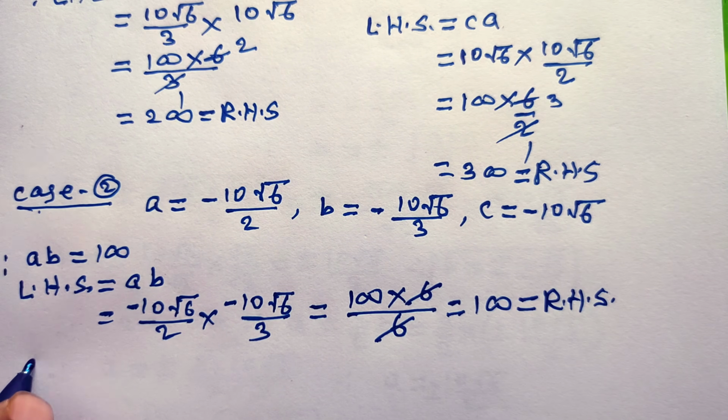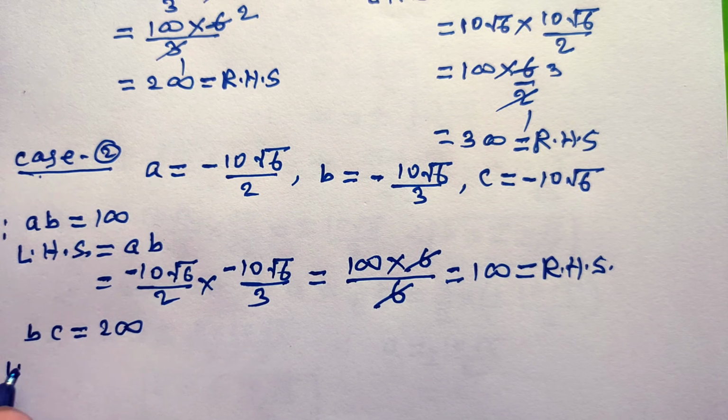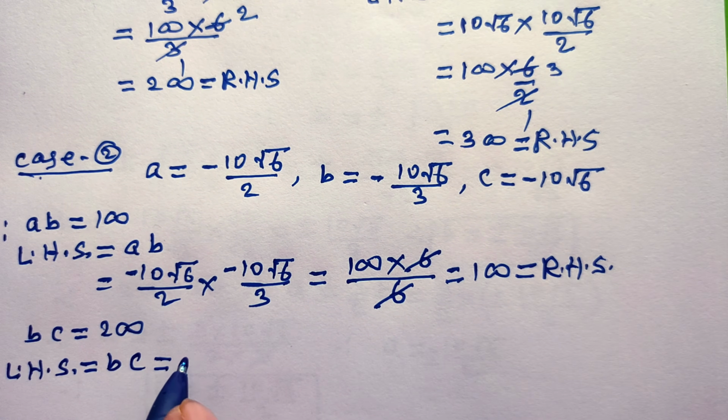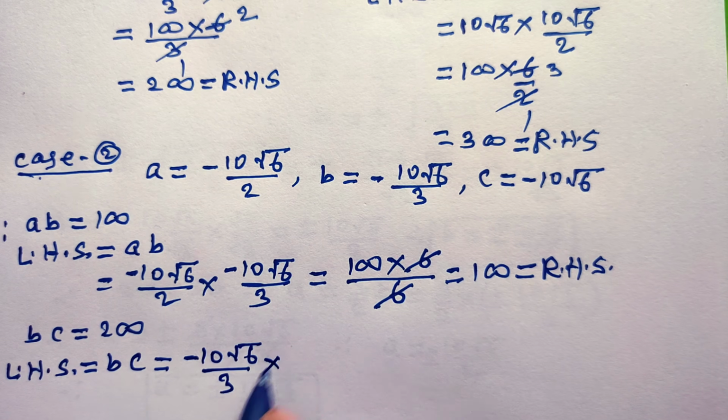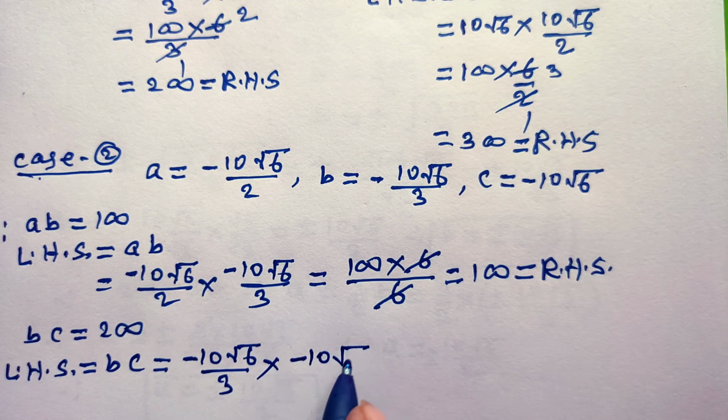Similarly, BC is equal to 200. Since LHS is equal to BC, but B is minus 10 times square root of 6 divided by 3 into C is minus 10 times square root of 6.